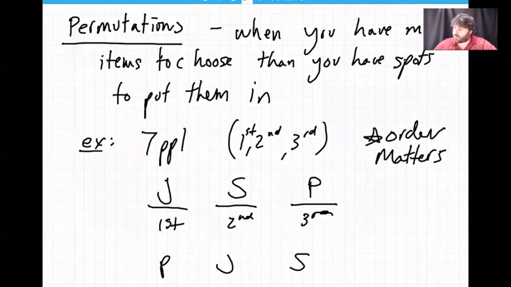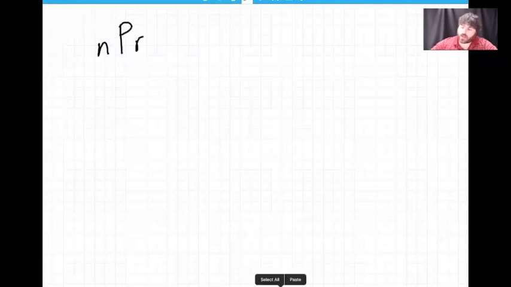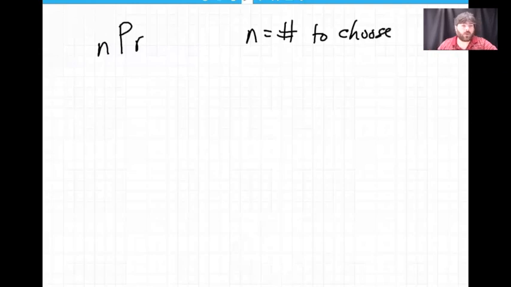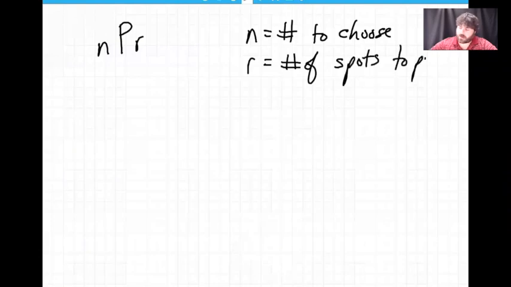All right, so let's look at the formula. The formula, we write nPr, okay? N is the number to choose from, right? It's our overall number. Like in our last example, we had 7 people to choose from. The N would have been 7. P just means permutation, and R is the number of spots to put the people in, okay?